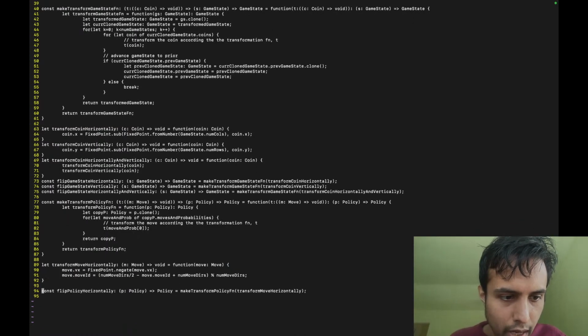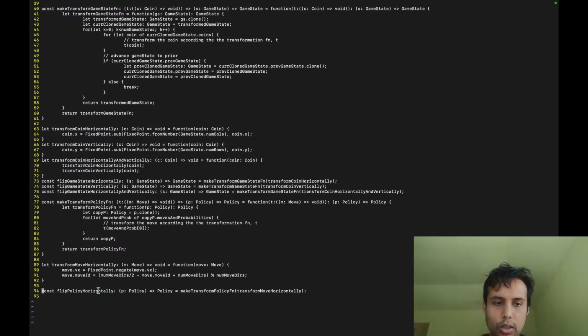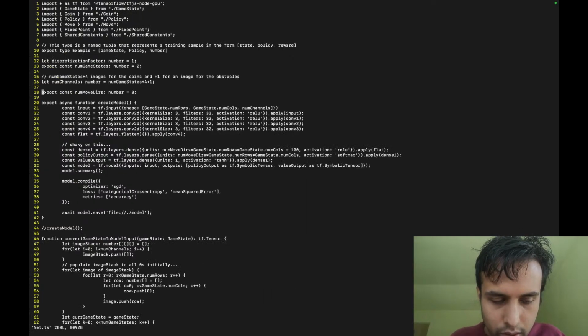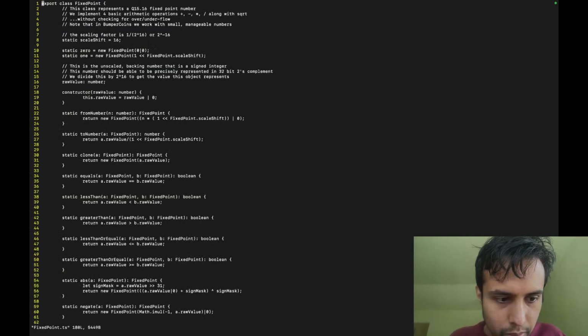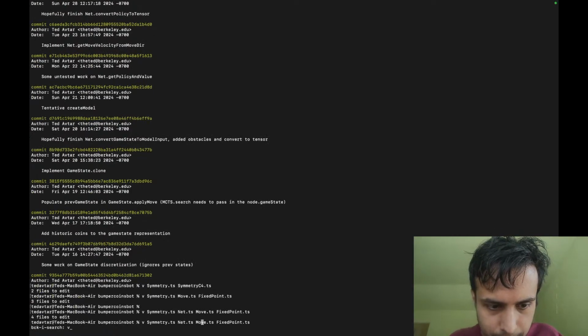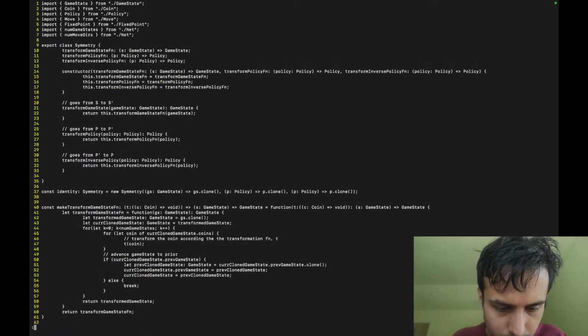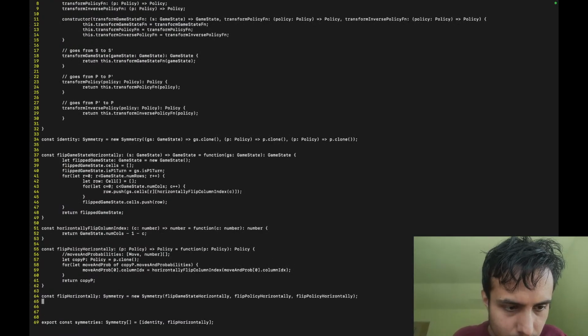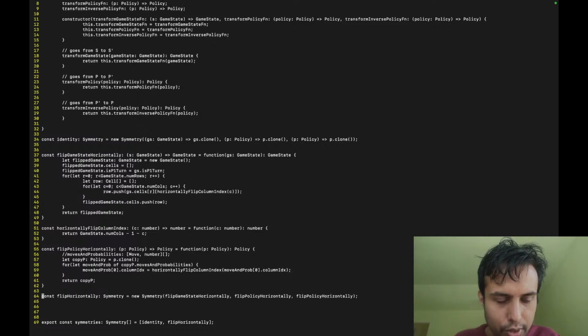And actually now that we have the transform move horizontally, and then we have flip policy horizontally, we can actually create our first symmetry. So let's go to the actual symmetries. We have our first symmetry, right? Flip horizontally of a symmetry, so let's do that.